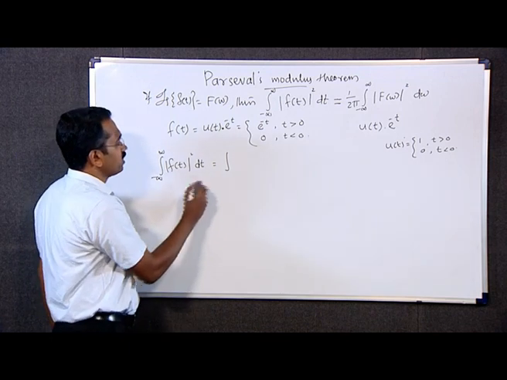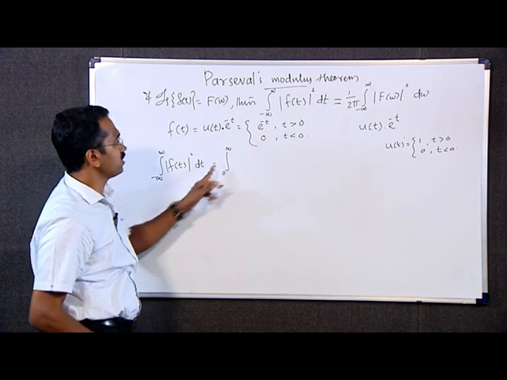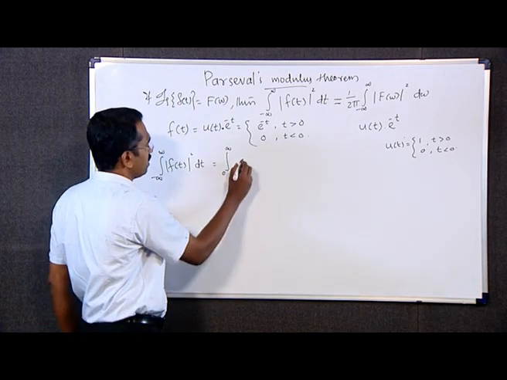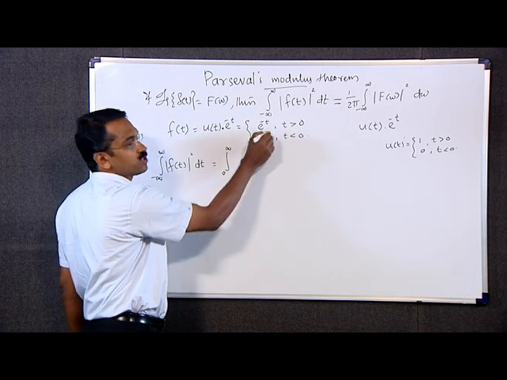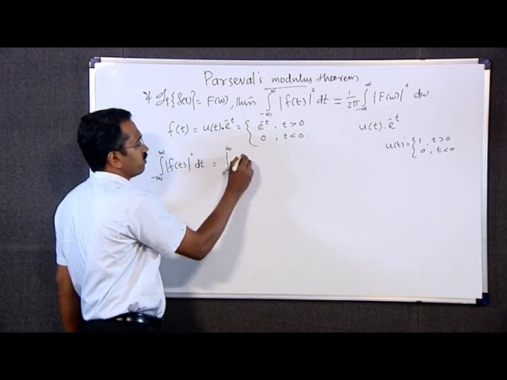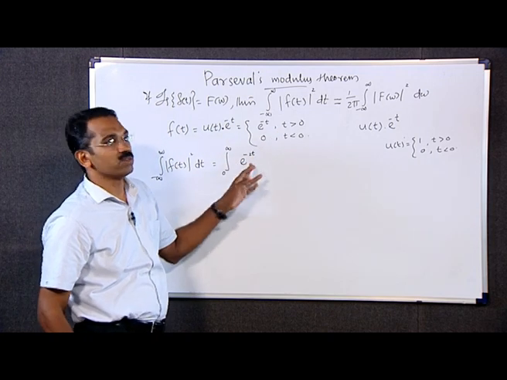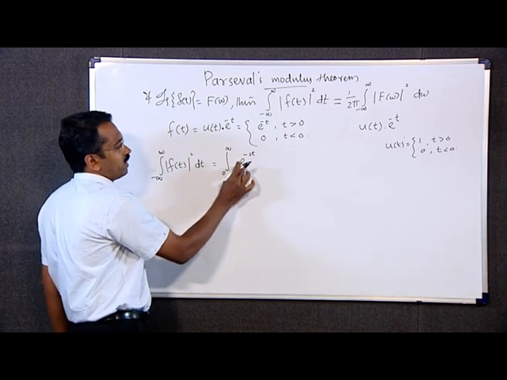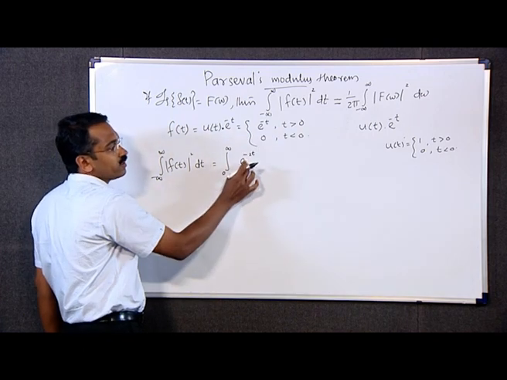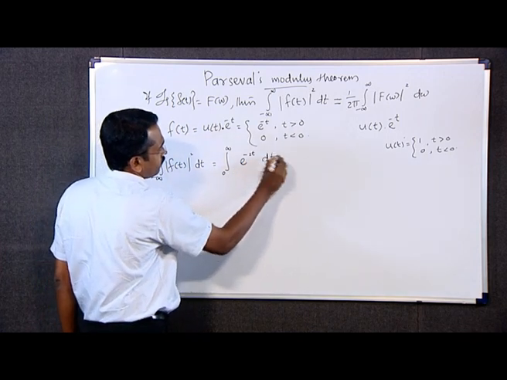Therefore, we can write this integral as the integral from 0 to infinity. In this case, the function is defined as e raised to minus t. Therefore, modulus of e raised to minus t the whole square means e raised to minus 2t. In this range, the modulus is the function itself and the square is e raised to minus t whole square, that means e raised to minus 2t dt.